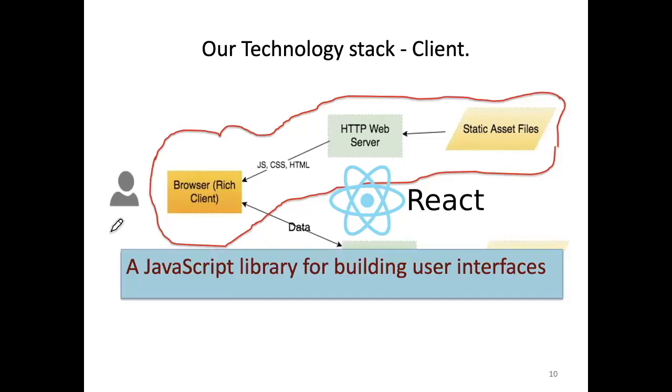And all that framework is, in very simple terms, is a JavaScript library for building user interfaces. It's really only for user interfaces. You wouldn't tend to put a lot of behavior, or you shouldn't bury a lot of functionality, inside a single page app framework. The functionality really needs to reside on the server side. So we're going to be using React as our framework for rendering the UI part of a web app.